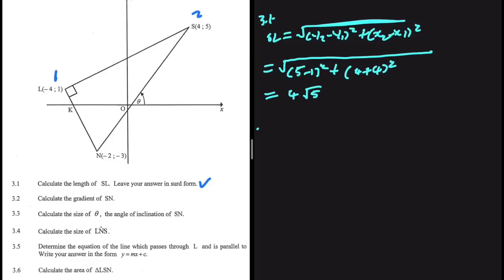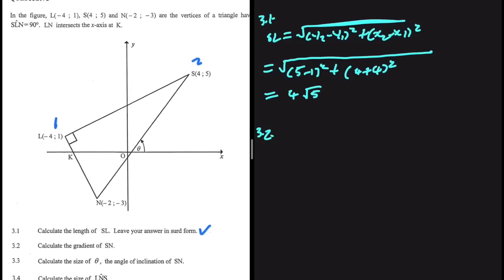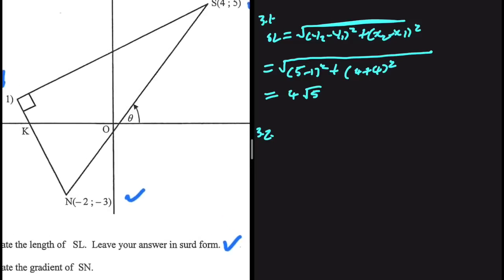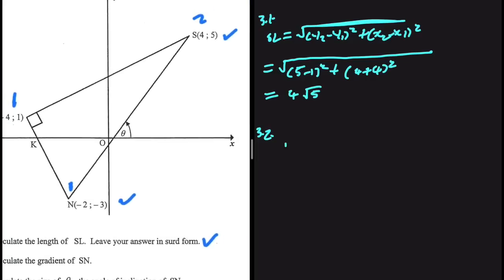Let's go ahead and do 3.2. We're looking for the gradient of SN, okay? So this is S and this is N. We have said that S is our second point, so let's take N as our first point and see what we get. So the gradient is y2 minus y1 divided by x2 minus x1, right?